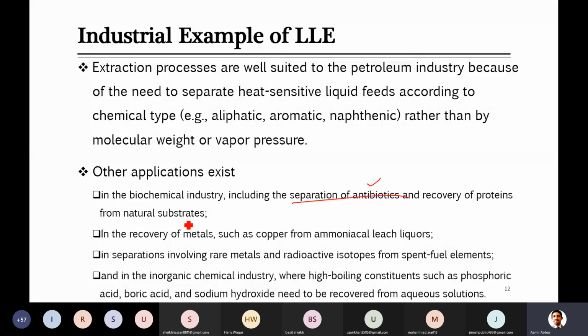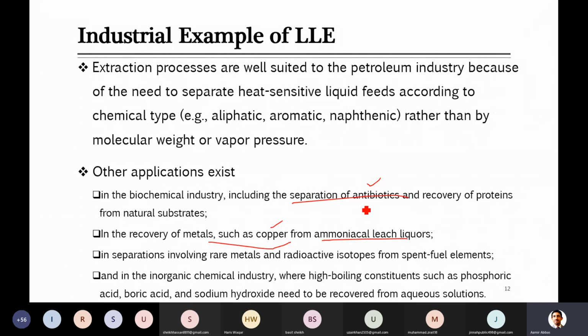Sometimes they are used for recovery of metals, for example the copper from ammoniacal leach liquor. You may think metals are solids, but for example, there are metallic ores, and you dissolve them in some solvent and then bring them in contact with some other liquid or solvent in which one of the metals is more easily separated.